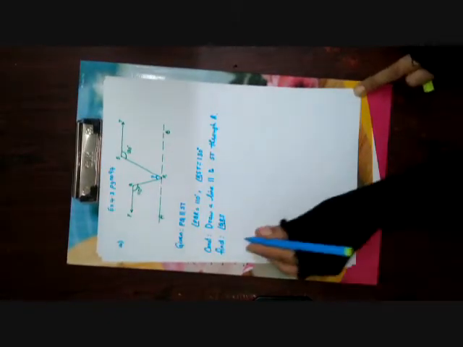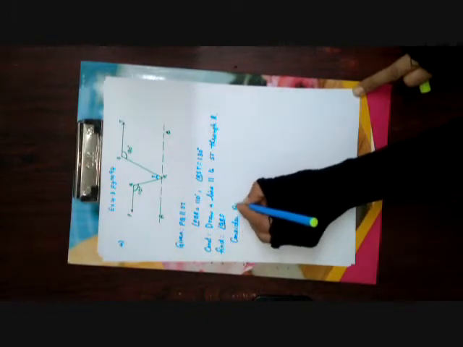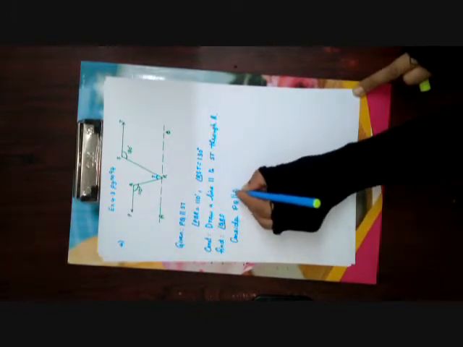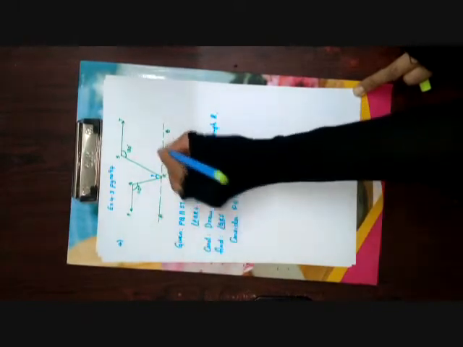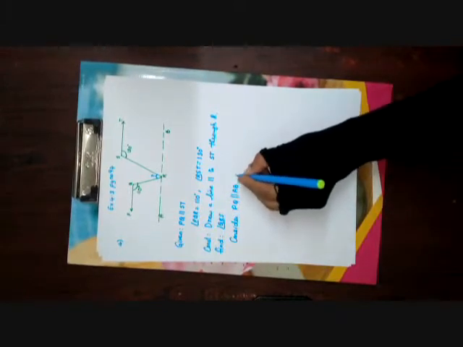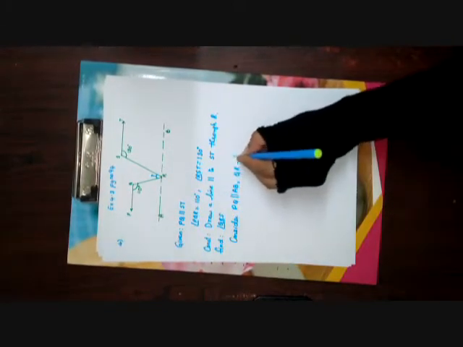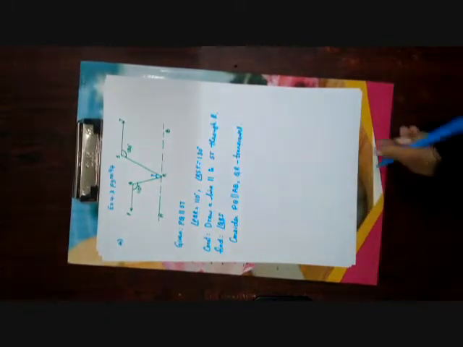Okay, so first let us consider PQ parallel to AB. We are considering these two lines, PQ parallel to AB. So what is our transversal? QR is the transversal. So what can we write here?